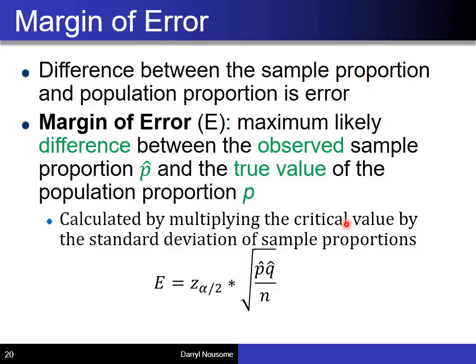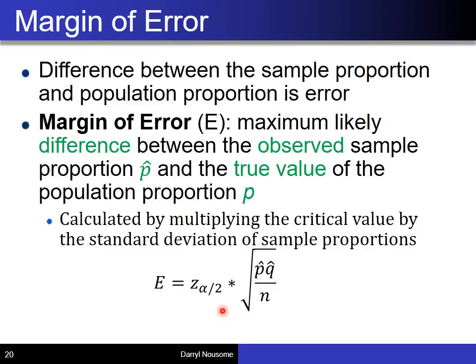We've talked a little bit about terms for when we measure differences between our sample and our population, but here we're being more specific: the difference between the sample proportion and the population proportion is some sort of error, and we call that the margin of error. That's just saying what's the difference between the observed sample proportion, our point estimate p hat, and the true value of the population proportion, p. And that's given by this formula here.